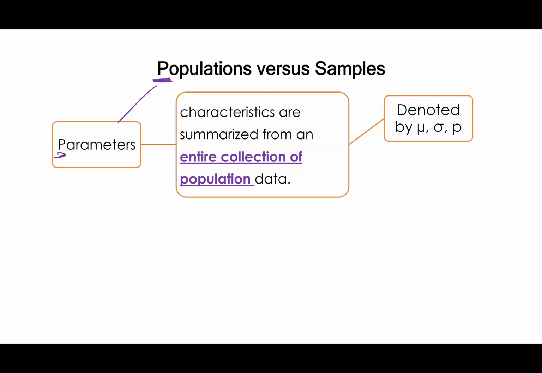When you're dealing with population parameters, we tend to use Greek letters most of the time. We have the Greek letter mu, the Greek letter sigma, and the letter p, which might seem a little weird.